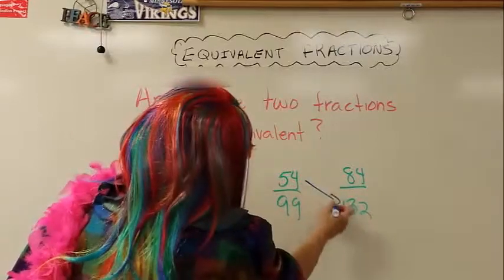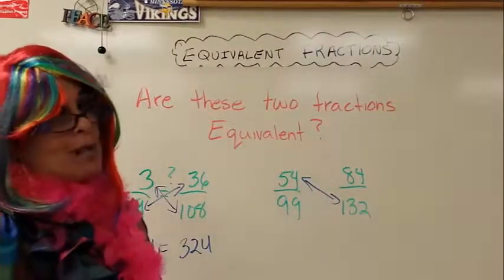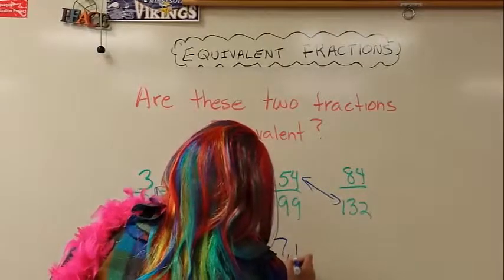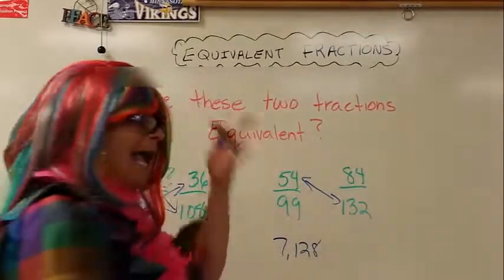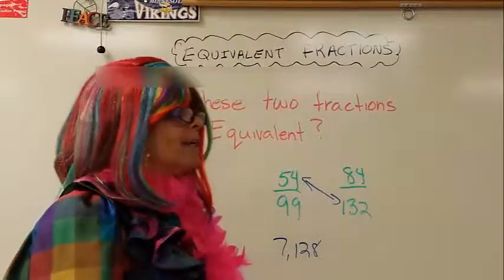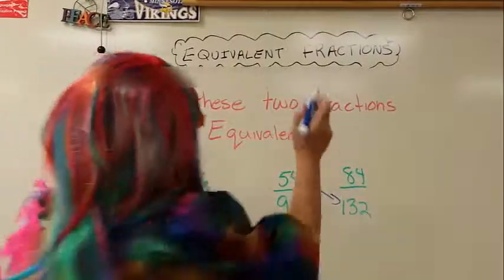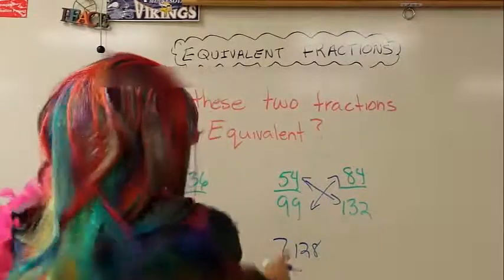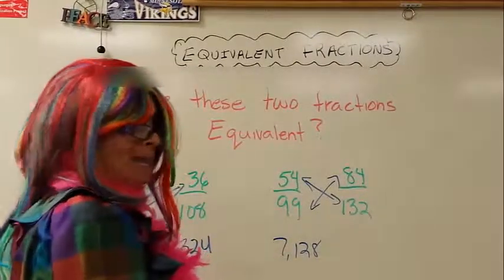When you multiplied 54 times 132, now that was a big number. I'm going to have to write down 7,128. Oh my, thank goodness for calculators. When you did your cross product of 99 times 84, did you get that same number? I bet you didn't.